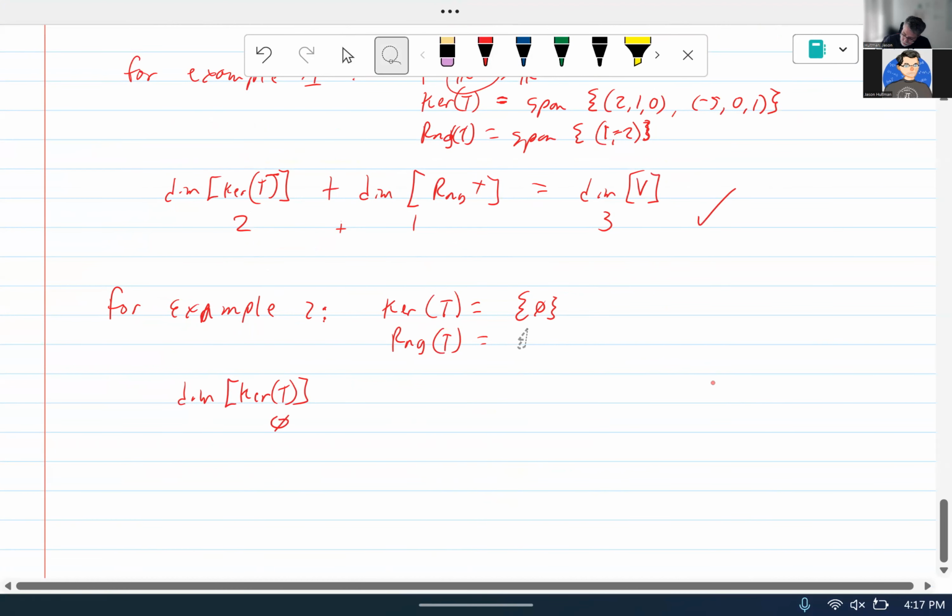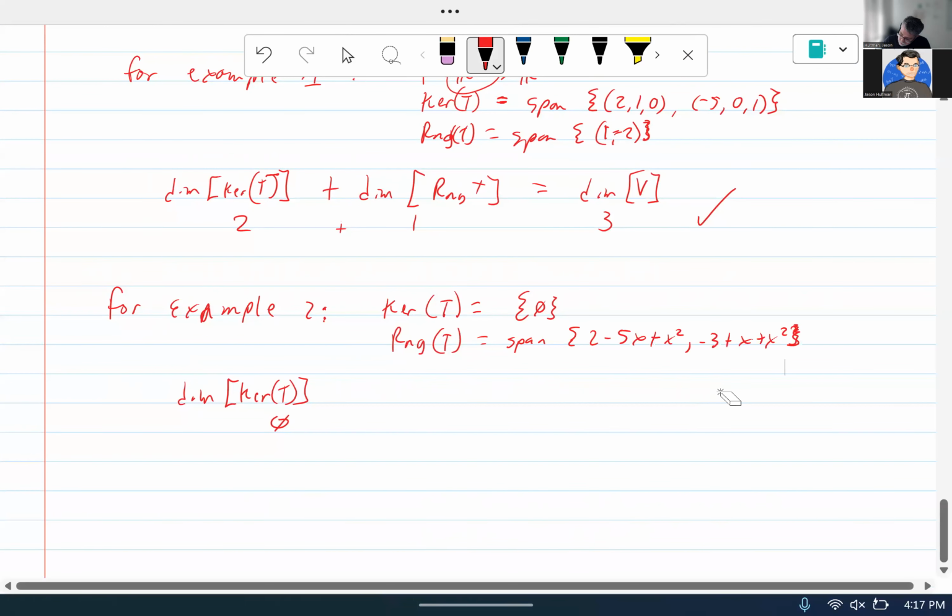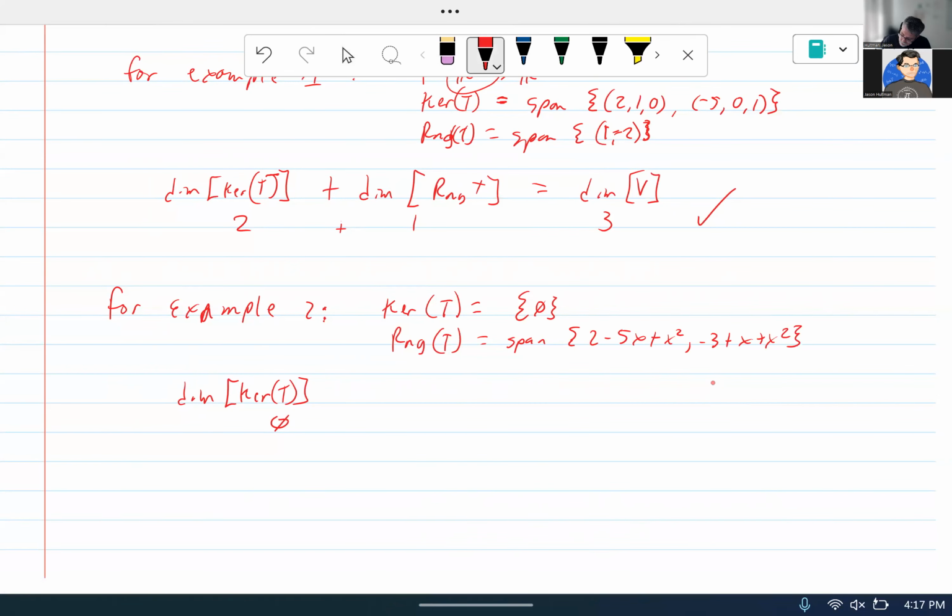This was the span of 2 minus 5x plus x squared and -3 plus x squared. Gosh, this thing's kind of slow.